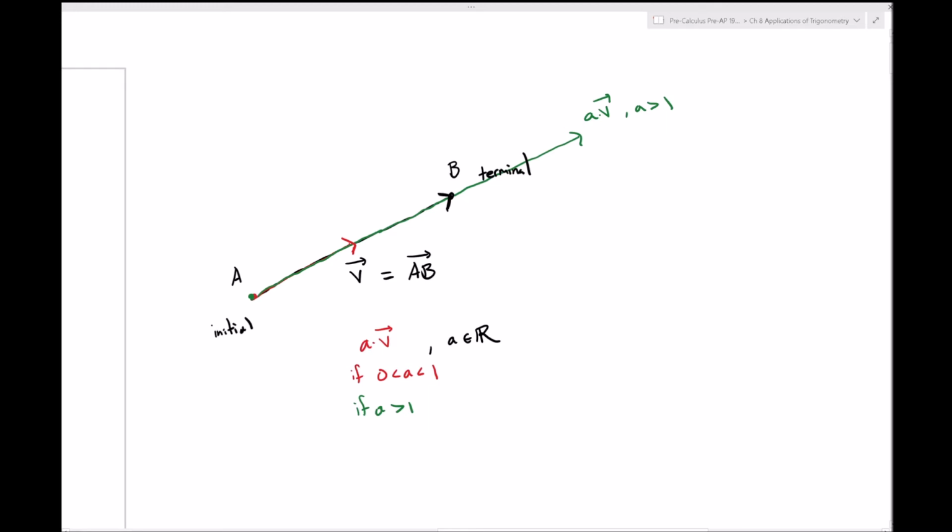So multiplying by a positive number can go one of three different ways. Either A is 1, in which case there's no change to the size of vector V. If A is between 0 and 1, something fractional, then we're going to have something that's smaller in length, and if A is bigger than 1, it's going to scale it larger than what it was originally. So we're thinking of multiplying by a positive scalar.